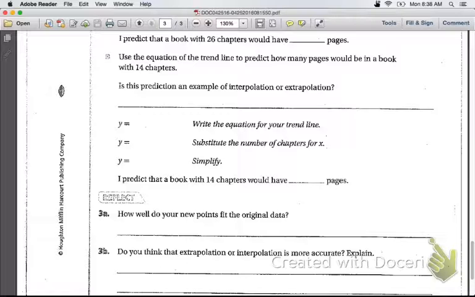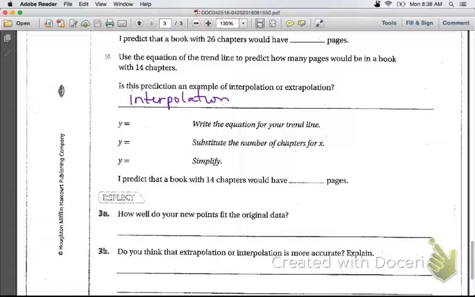And this is interpolation, because you're predicting values between data points that you already know, based on the information given in the data table and on the graph.